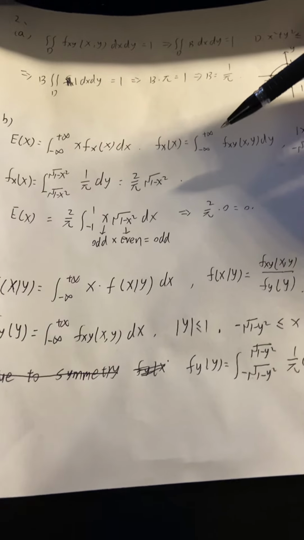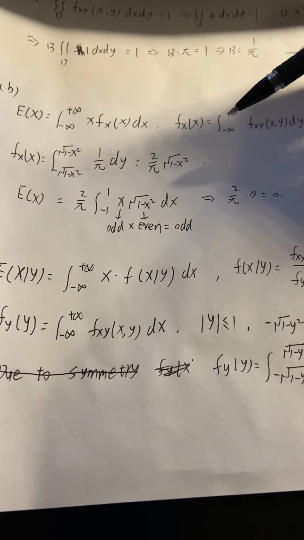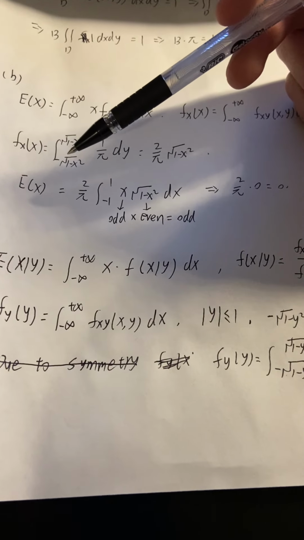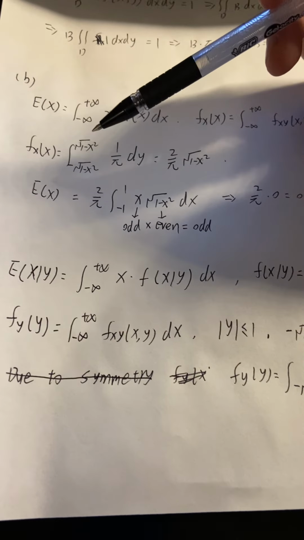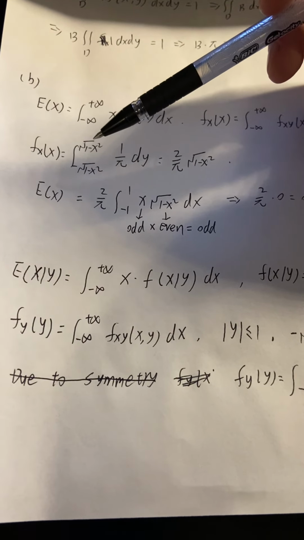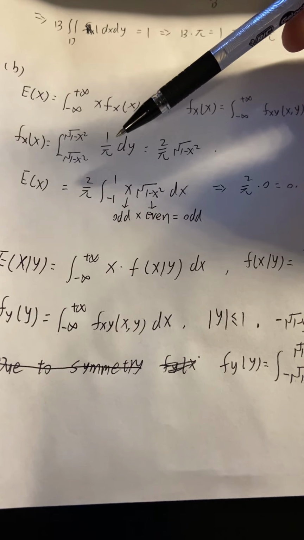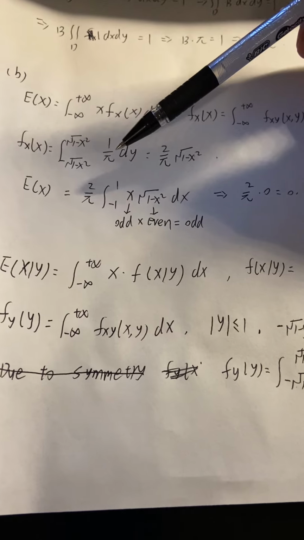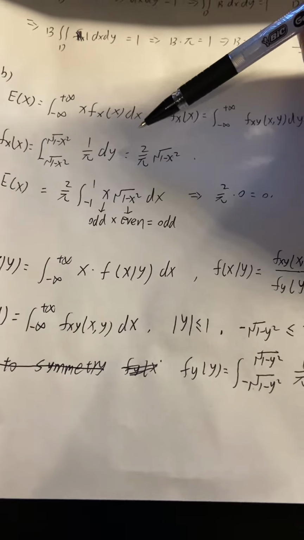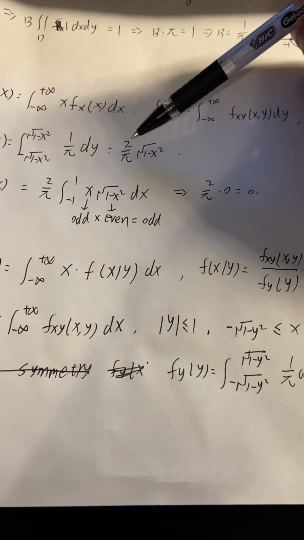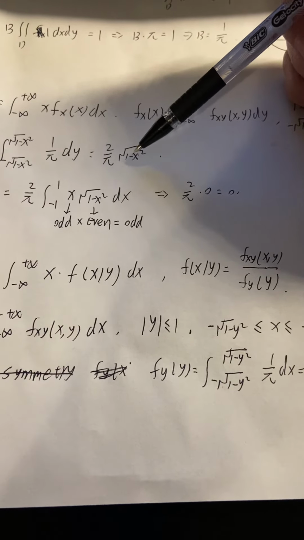So for the integral, the lower bound will be minus the square root of 1 minus x squared, and the upper bound will be the square root of 1 minus x squared. The joint density function is 1 over pi. So the final result will be 2 divided by pi times the square root of 1 minus x squared.